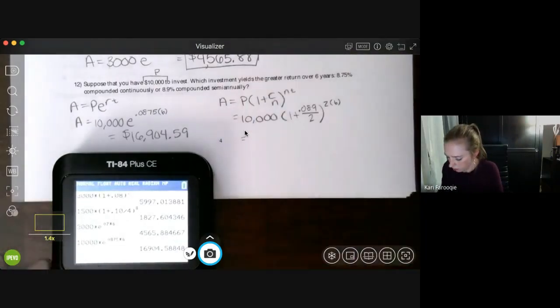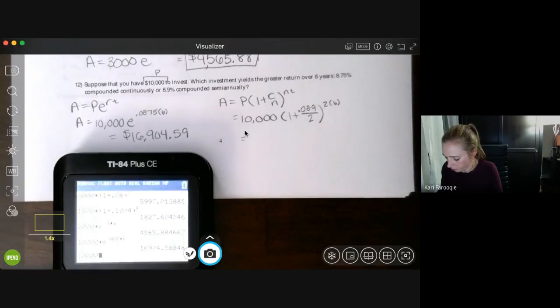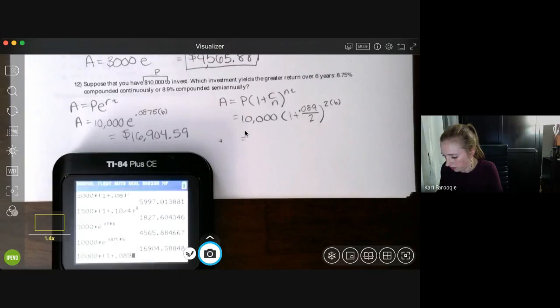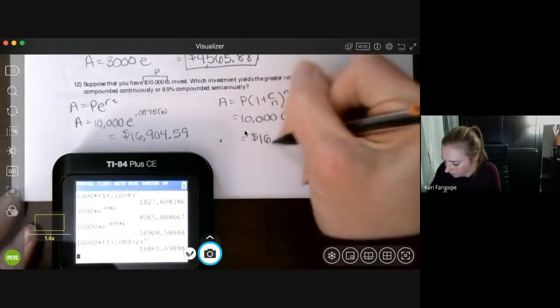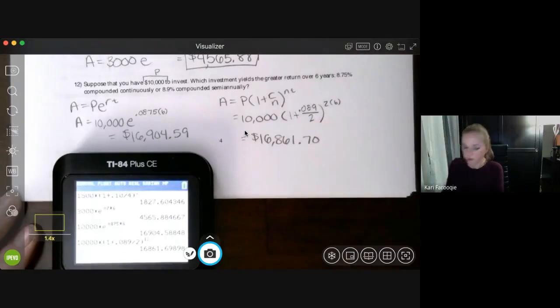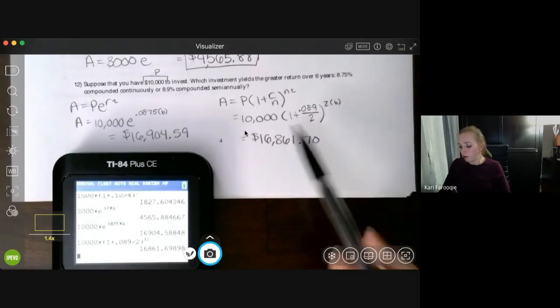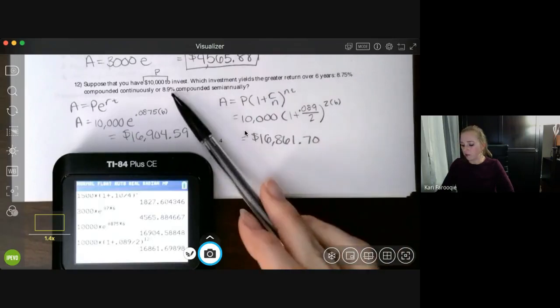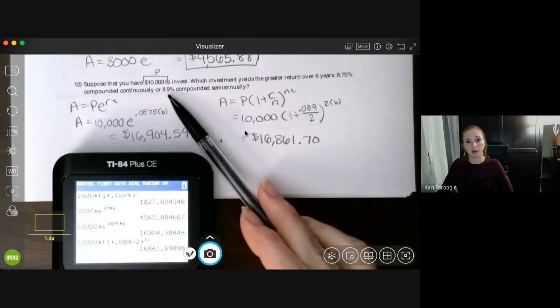For the next one, we're going to take our 10,000 and multiply that by, in parentheses, 1 plus 0.089 divided by 2 to the 12th power. You'll get 16,861.70. So what's interesting about this is even though your rate was greater when you compounded semi-annually, you were at 8.9%, it does not matter.